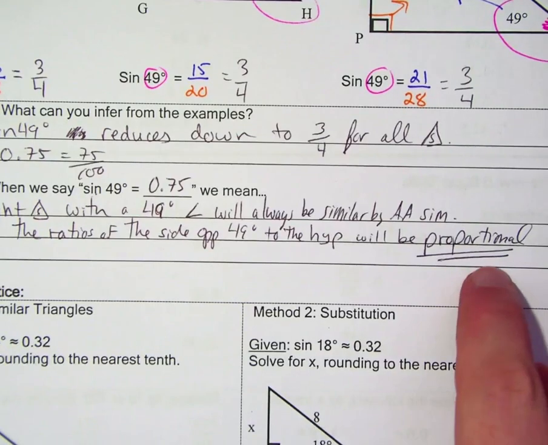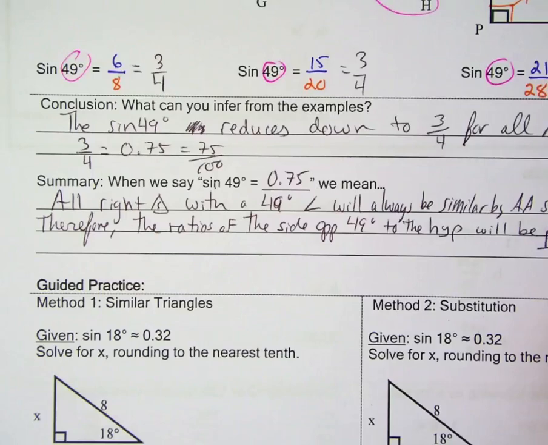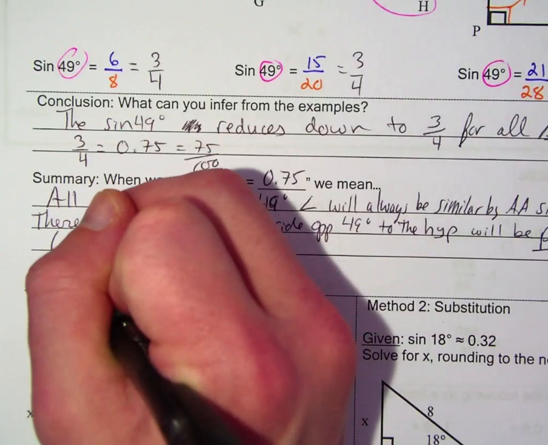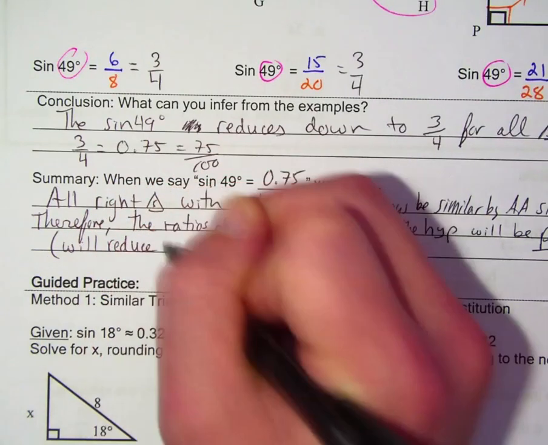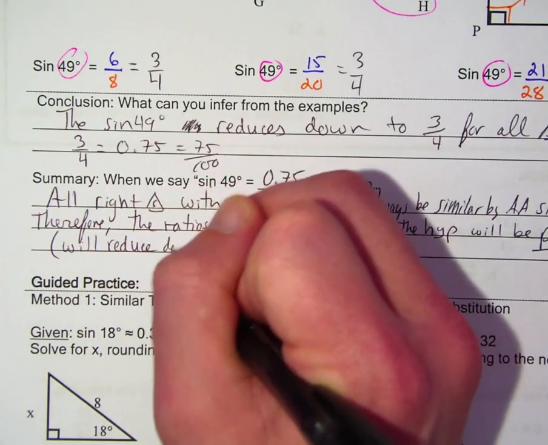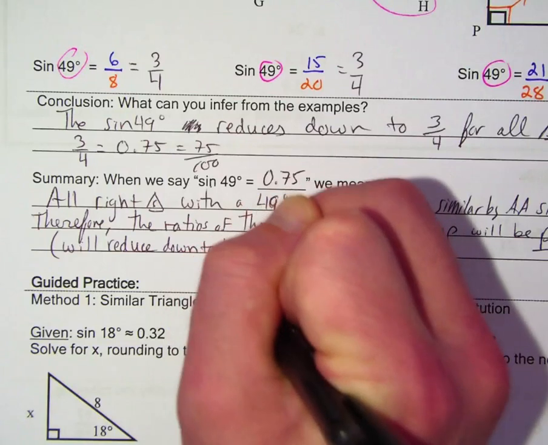Okay, they're going to be proportional. And remember what proportional means? Proportional really means they're going to equal each other. They'll reduce down to the same thing.